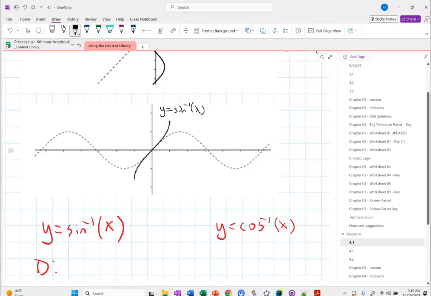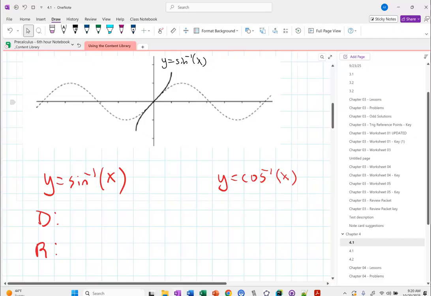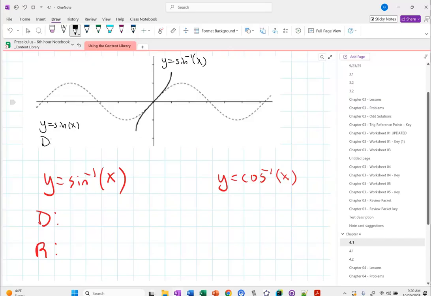Everybody okay? So this is just giving you an idea of what's going to be the problem here in a minute when we get to how we use this function. Okay? So remember for y equals sine x, the domain was all real numbers, right?